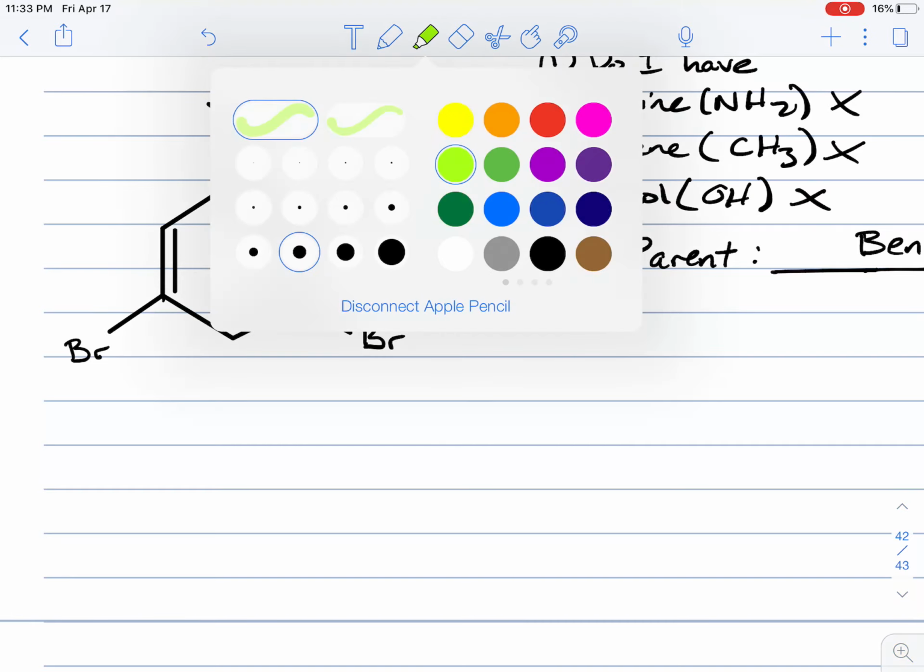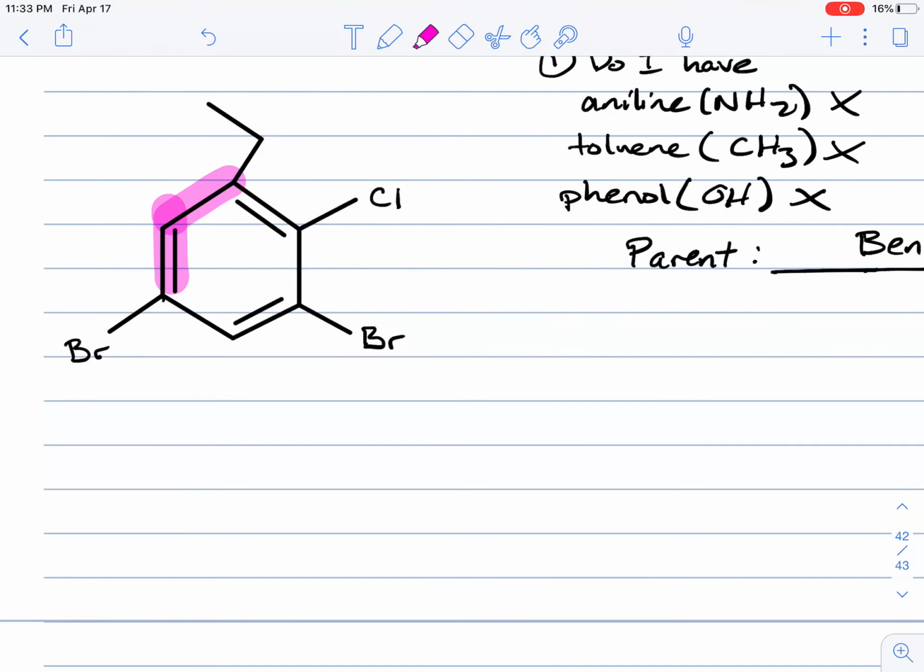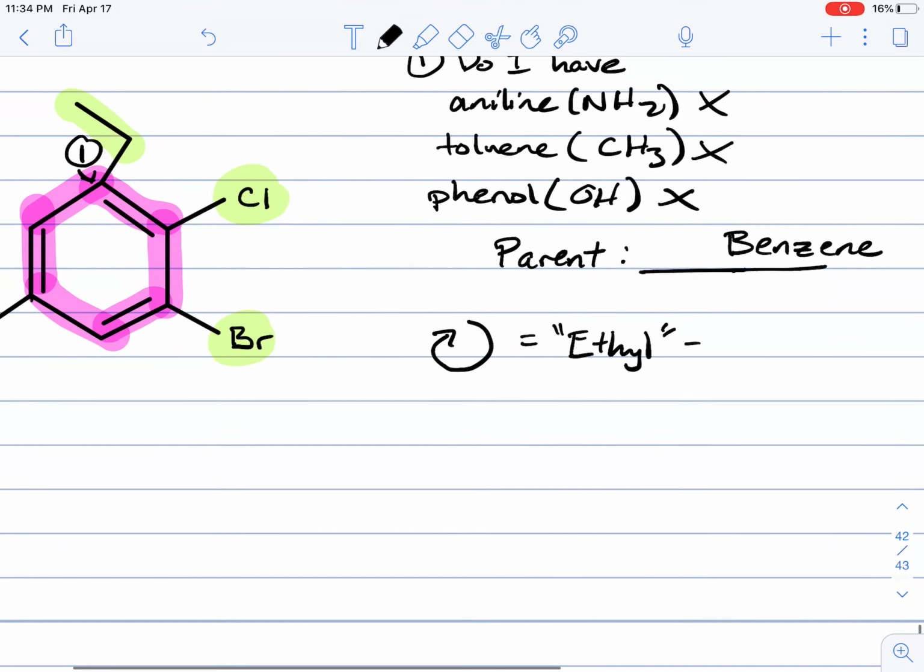So in pink is going to be the parent, and my parent is benzene. My substituent is everything in green. So I'm just going to make an assumption that this ethyl is going to be carbon 1. And so what if my numbering system goes clockwise with ethyl as carbon 1?